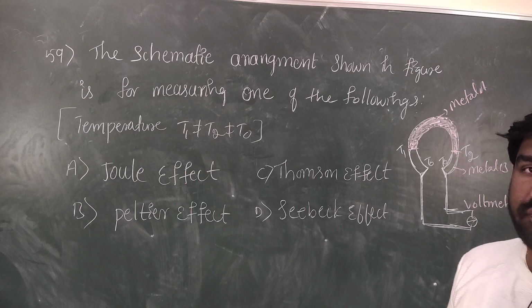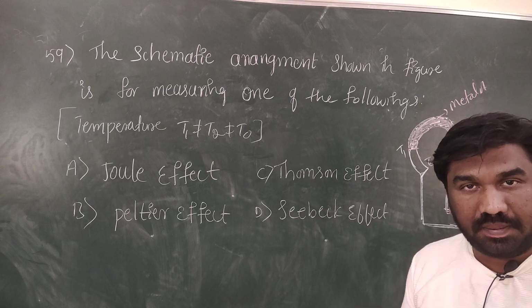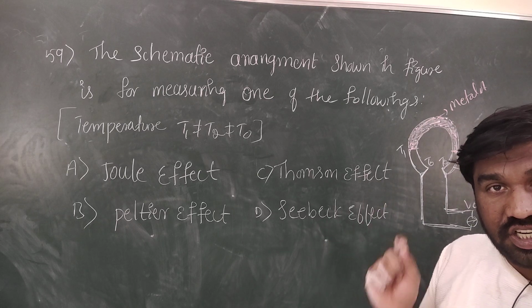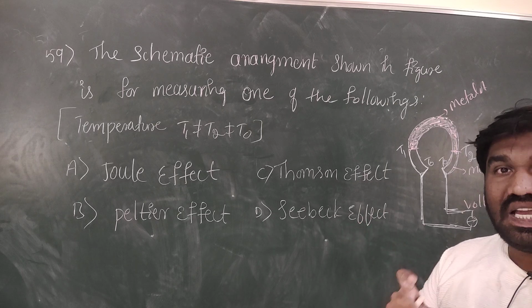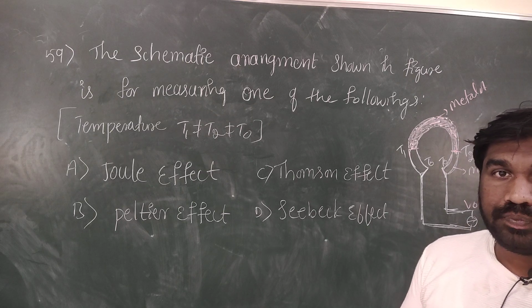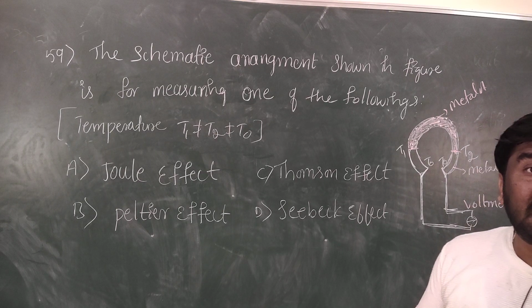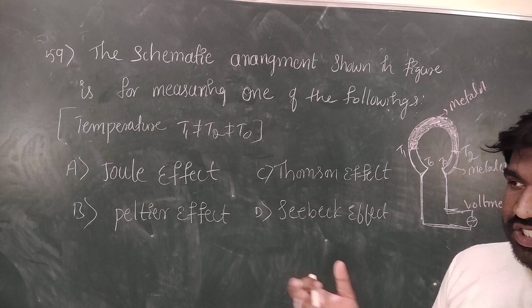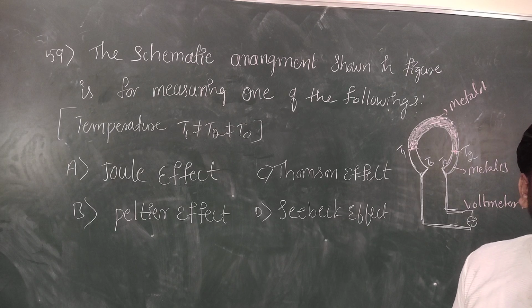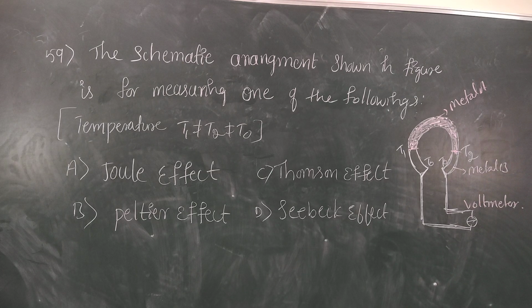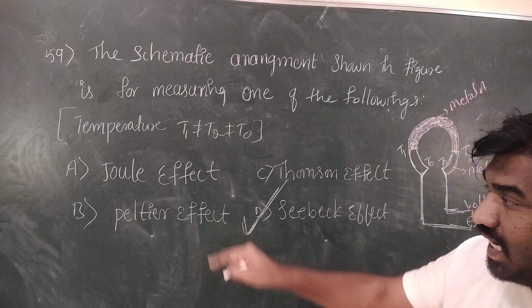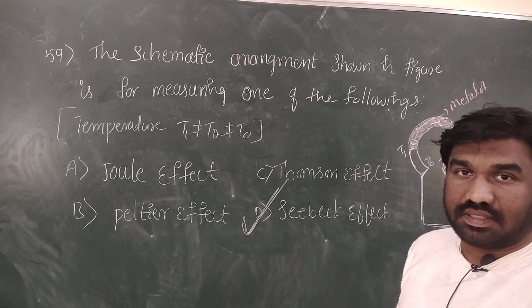If we use two different types of metals and the temperature is changing in the junction, because of this changing temperature an electric current is induced, and a potential difference is created between the two junctions. This effect is called the Seebeck effect. And the Peltier effect is the reverse of the Seebeck effect.